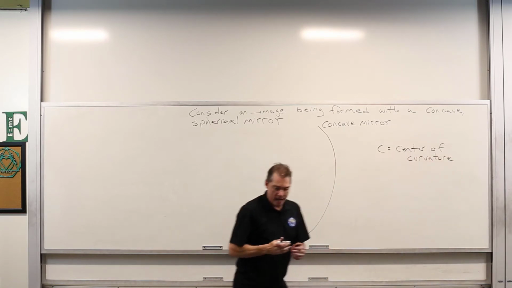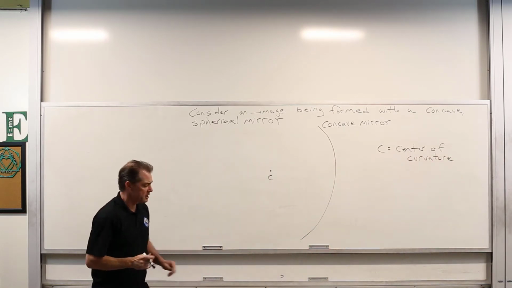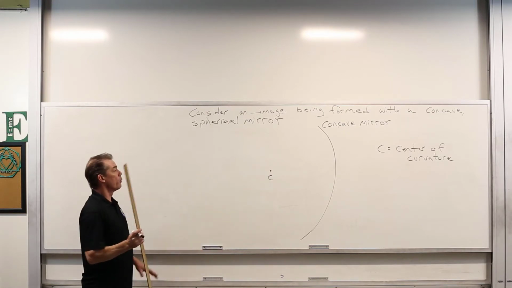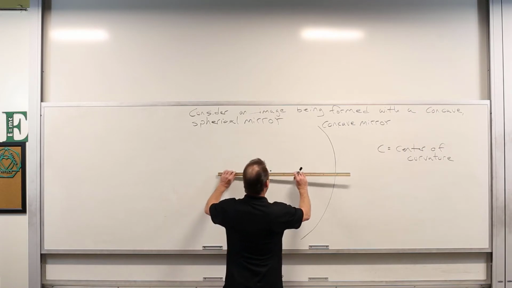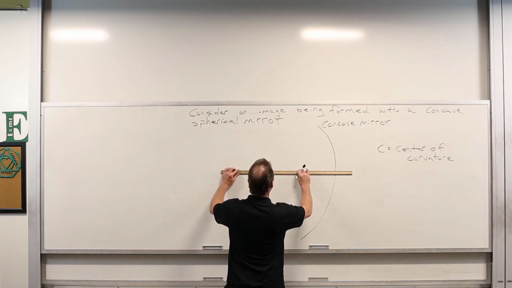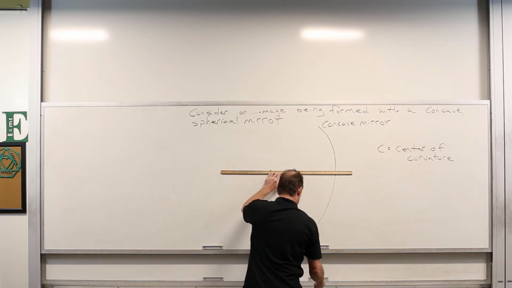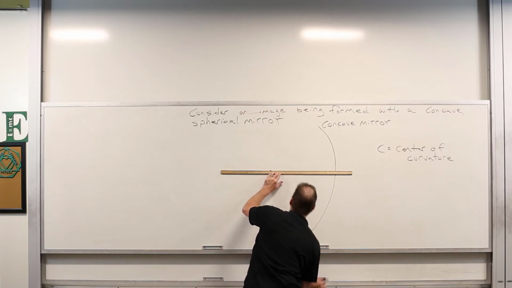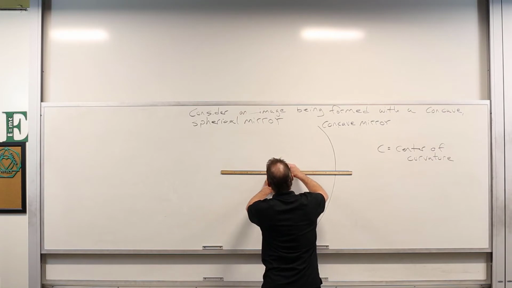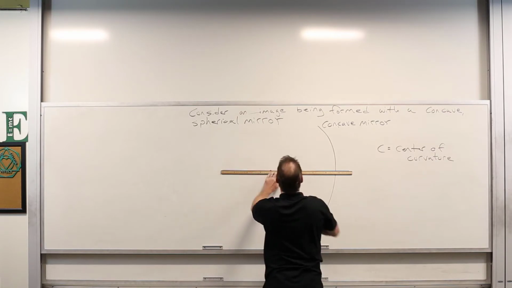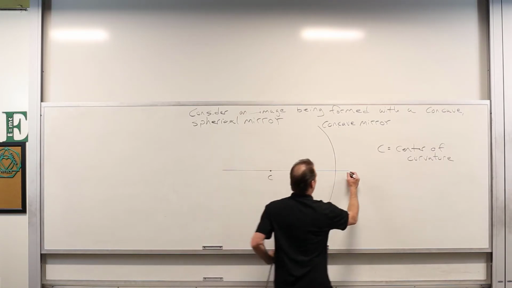And then we're going to draw in a nice principal axis. The principal axis goes through the center of curvature and through the mirror at normal incidence. It's for alignment purposes. It's a nice straight line, here to help us line stuff up.